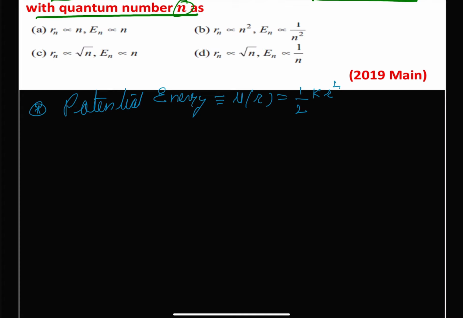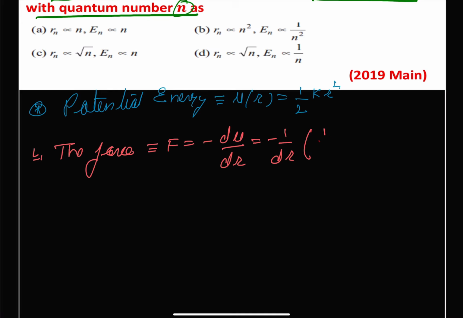So we can say the force F, which is the negative derivative of our potential energy, is minus d by dr of half k r square, and this comes as minus kr. So from here at least we can see that our force which is restoring is proportional to the displacement, that is r. So it is just like a spring restoring force.